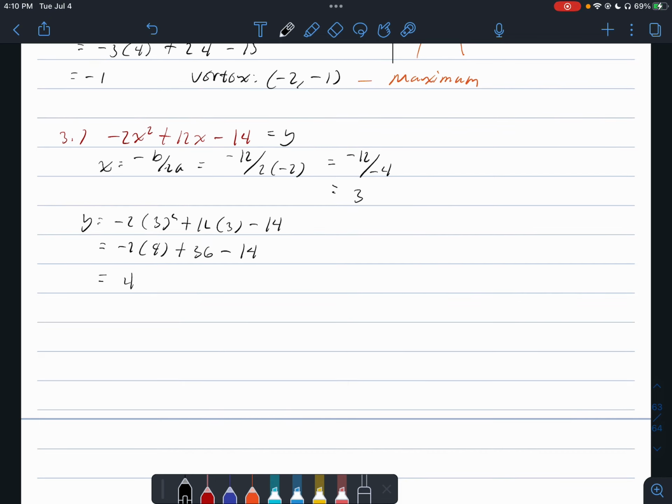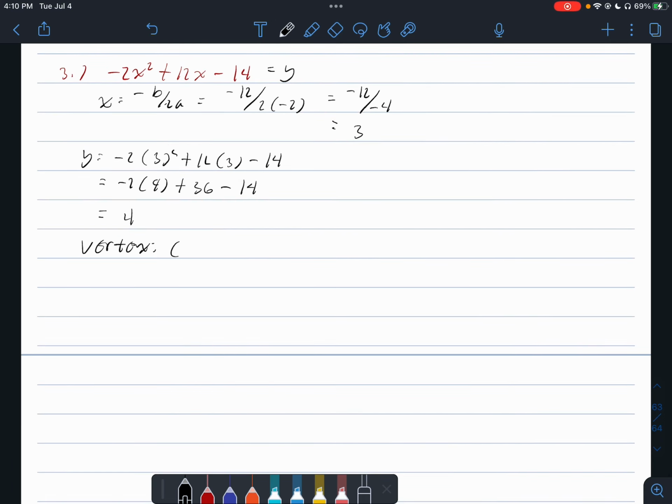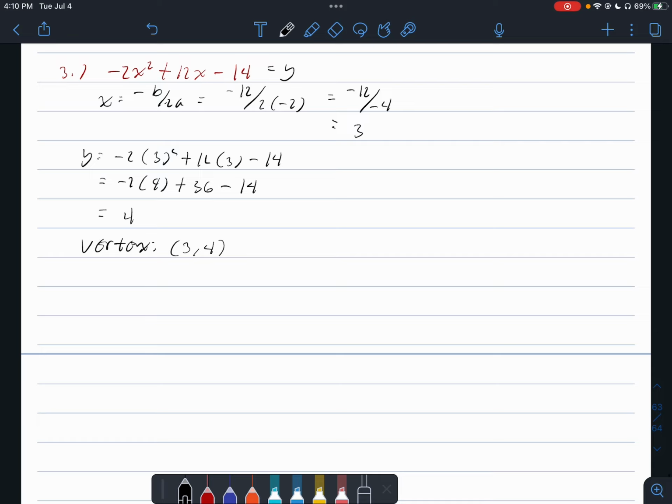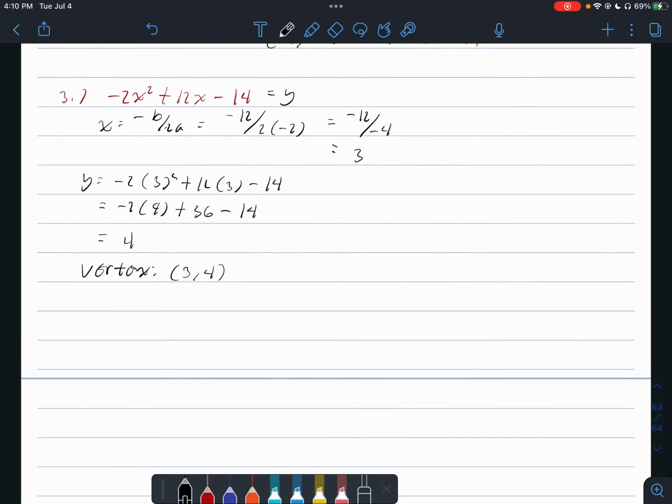So our vertex is going to be the point 3, 4. Now we have to determine if this is a minimum or a maximum. Again, we look at this leading coefficient, which is negative 2. And since it's negative, our graph is going to open down. And our vertex given by 3, 4 is going to be a maximum. All right.